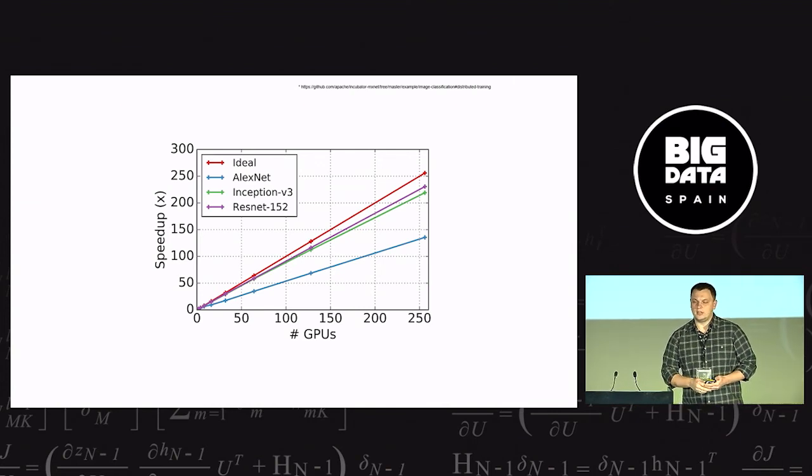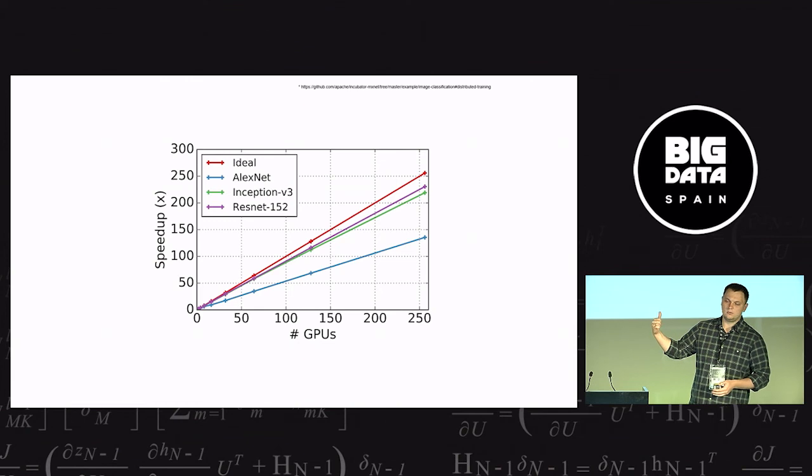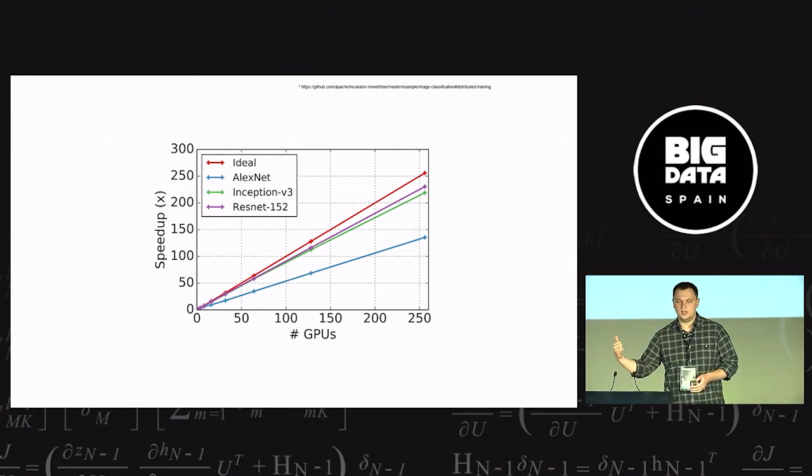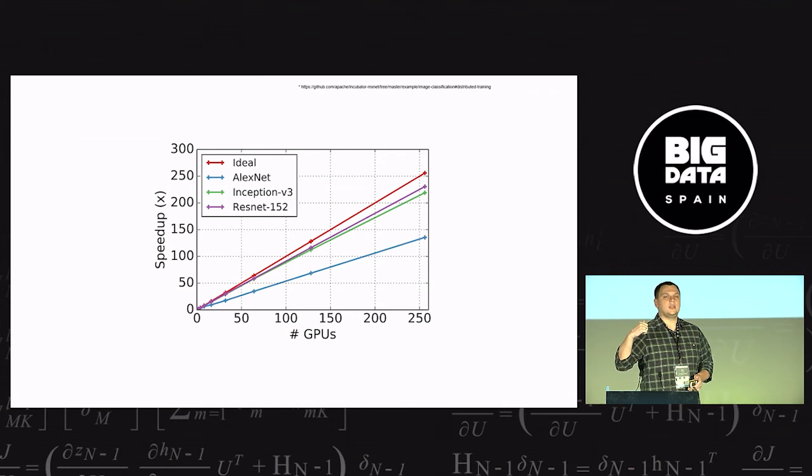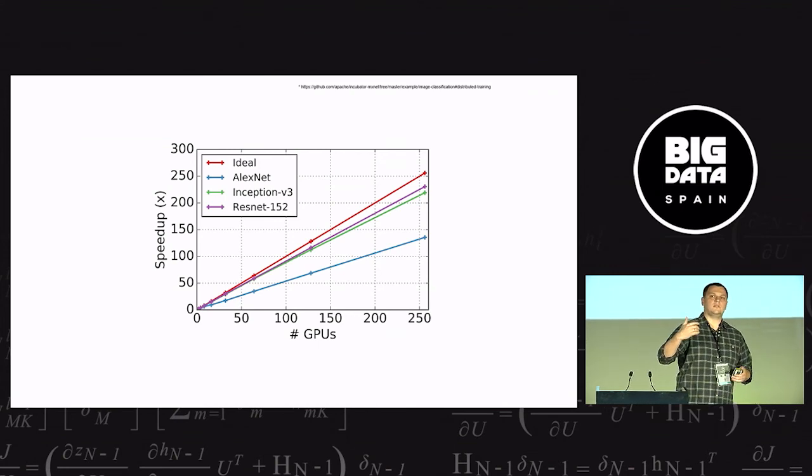I wouldn't say that it's actually that linear. You will have a lot of bottlenecks, but it gives you some intuition: the more GPUs you add, the more speed you gain. And by the way, for the sake of this presentation, I assume that you have some experience with training a neural network on your local machine.